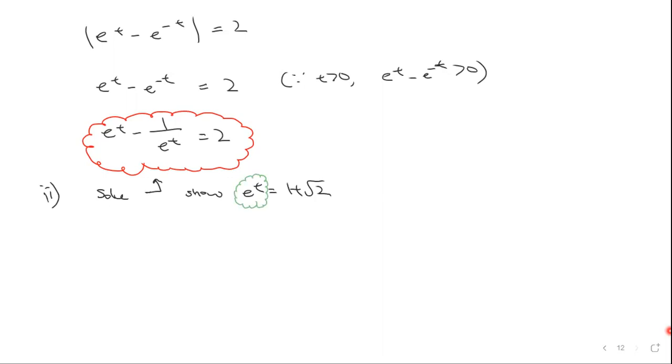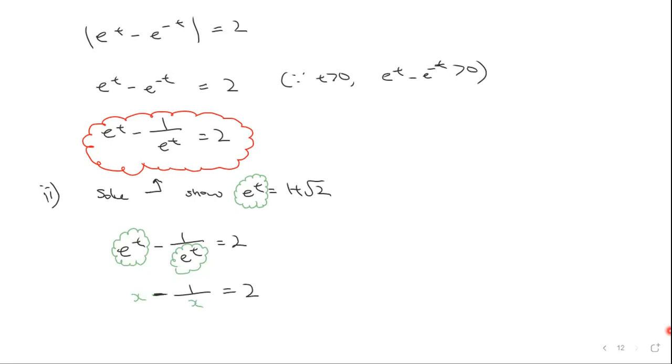So if you think of e to the t minus 1 over e to the t equals 2, and you're really solving for this thing, think of it like x. So x minus 1 over x equals 2. Hopefully that makes it more obvious.